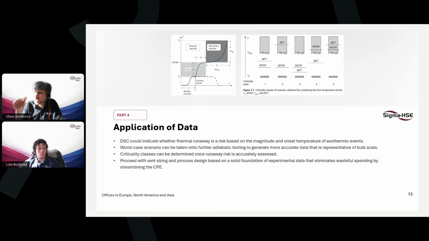So you can see that we can fulfill all of the criteria to assign this criticality class, all from data from DSC testing. And these criticality classes clearly assign tasks when developing a new process. In the case of no unintended adverse scenarios being present, or class 1, not many further controls are needed, and it's a very low risk method to take forward to production.